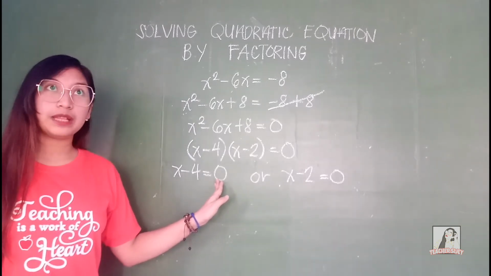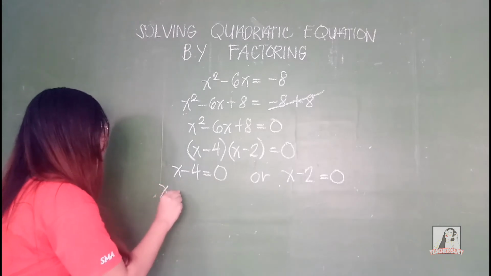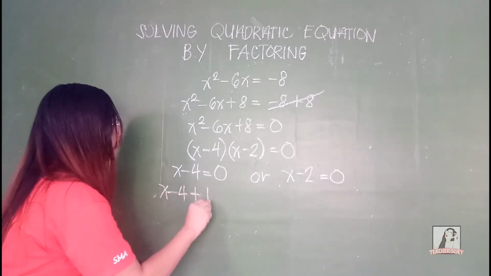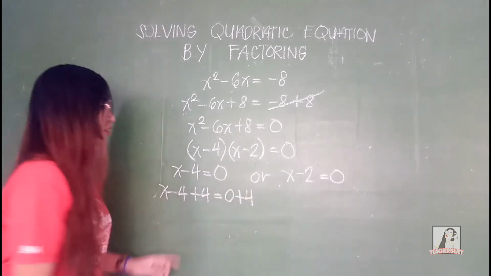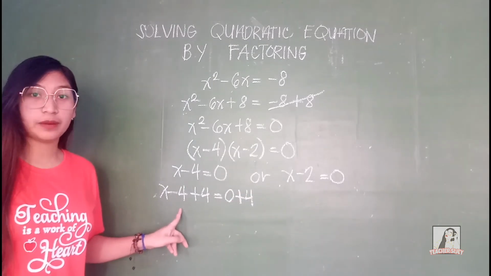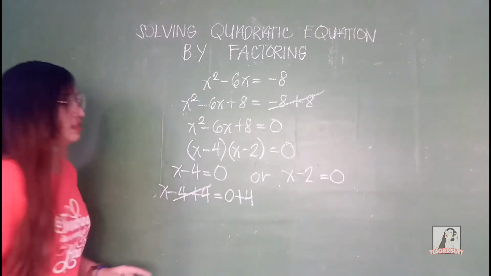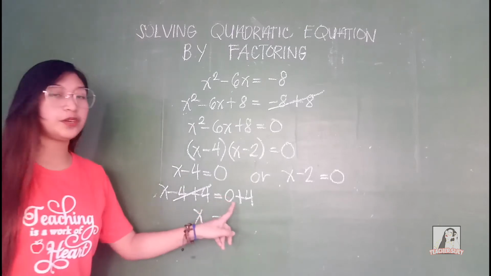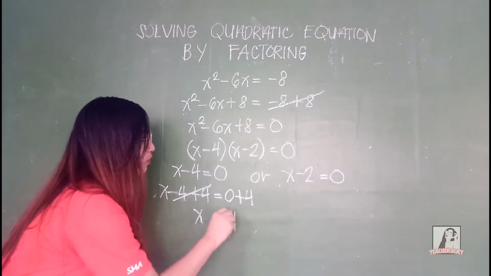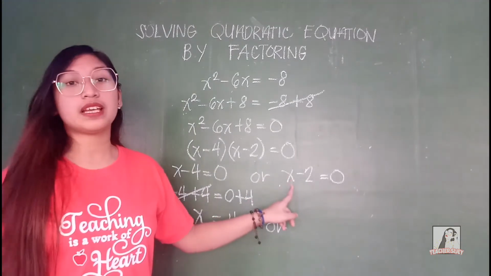We add positive 4 to both sides. So we have x minus 4 plus 4 equals 0 plus 4. Negative 4 plus 4 will be cancelled. So we have x equals 0 plus 4, which is 4.